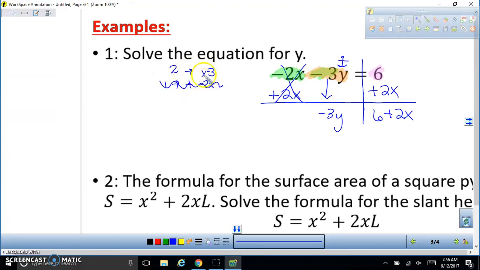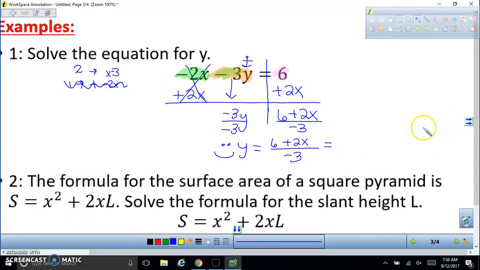The second thing that we need to undo is this multiplication of negative 3. How do you undo multiplication? You divide by negative 3. I am so very happy if you can get to here. This is not finished, but I'm happy if you can get here. This can be finished by breaking the problem down into two division fractions: 6 divided by negative 3 plus 2x divided by negative 3.